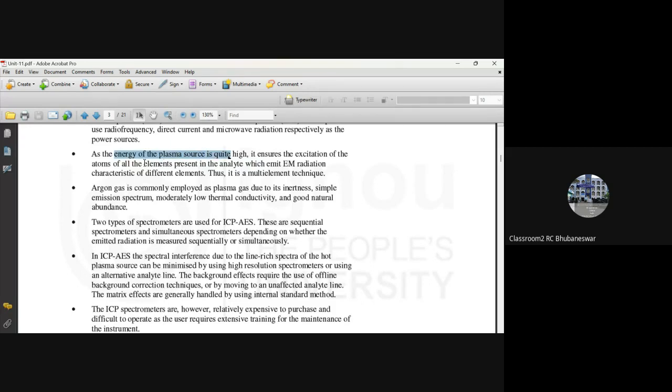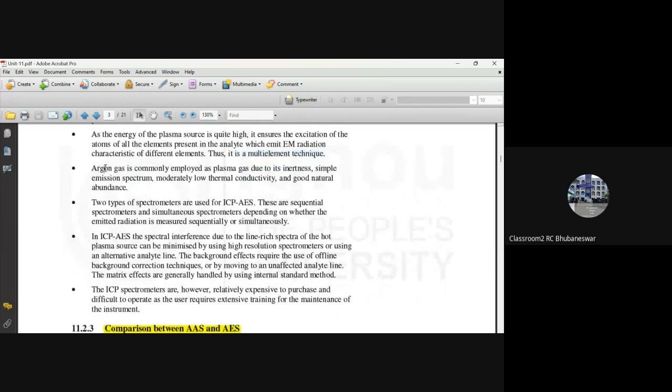So all the elements that are present in the analyte will undergo atomization, then excitation, and then emit the electromagnetic radiation characteristic of different elements. So that is why we call it a multi-element technique. Then argon gas is commonly employed as the plasma gas due to its inertness, simple emission spectrum, moderately low thermal conductivity and good natural abundance.